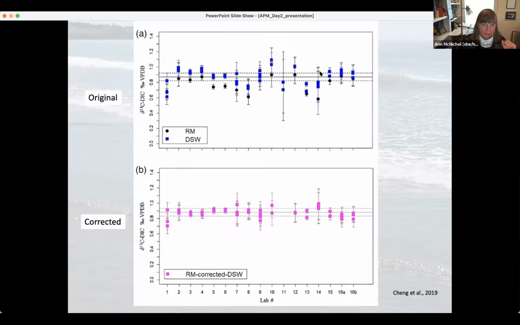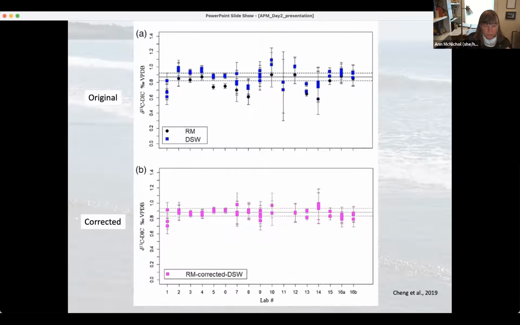Clearly up here, you're not getting it. But if you assume a stated value for the reference material, and everyone calibrates their results to that value, they get a much tighter correlation for the deep sea water.